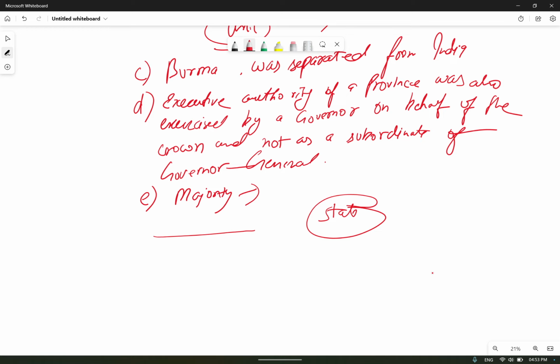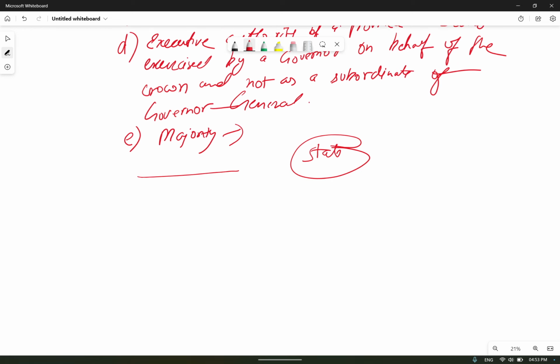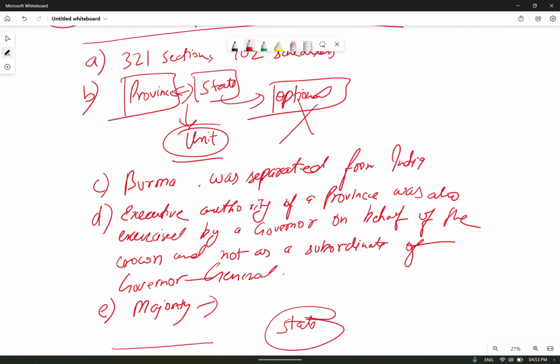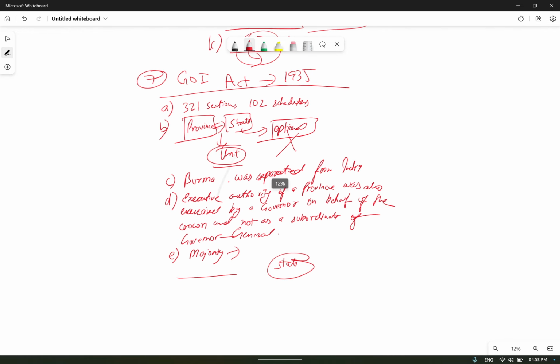The threefold division of the Act of 1935 was that there was a federal list over which the federal legislature had exclusive power of legislation. There will be a provincial list where the provincial legislature had exclusive jurisdiction, and there will be a concurrent list over which both the federal and provincial governments will have power. So we have seen subject matter, that there will be provincial subject matter and central subject matter.